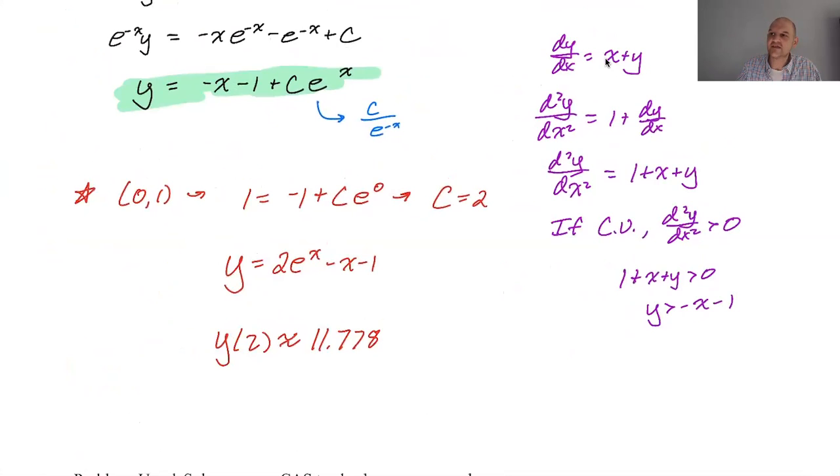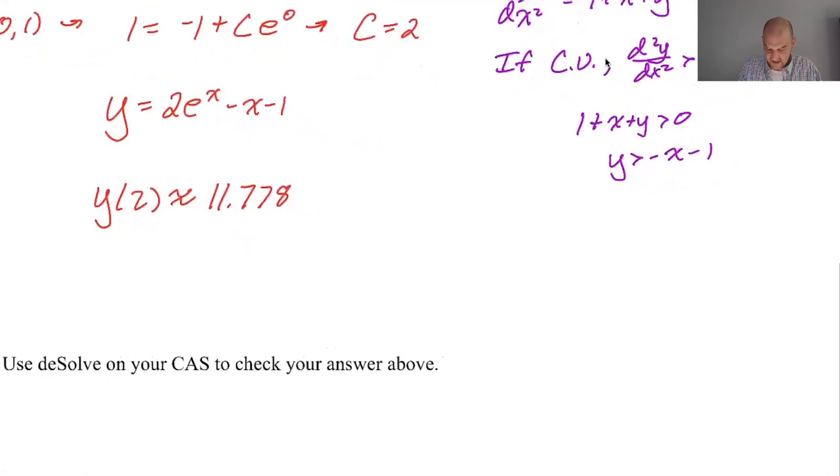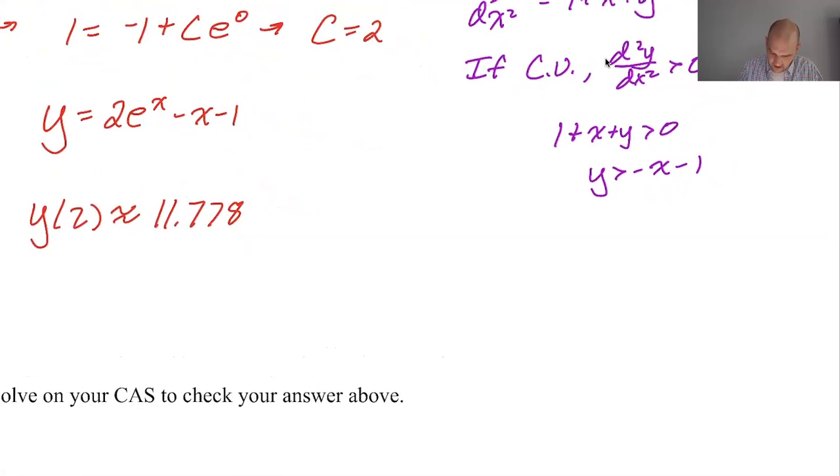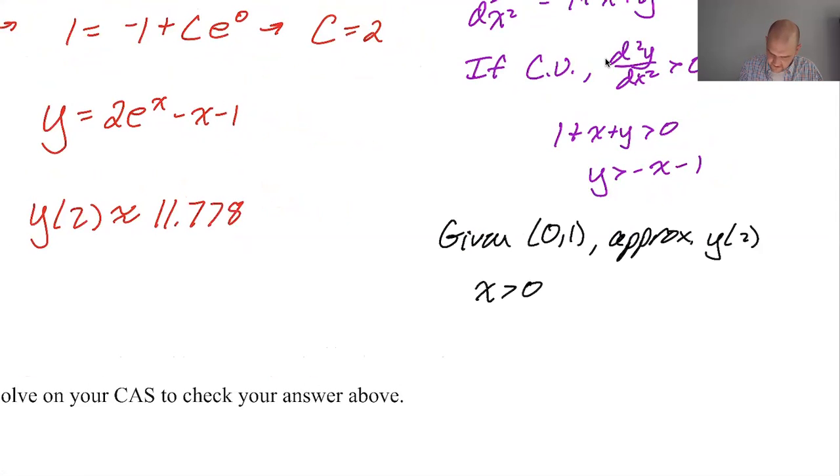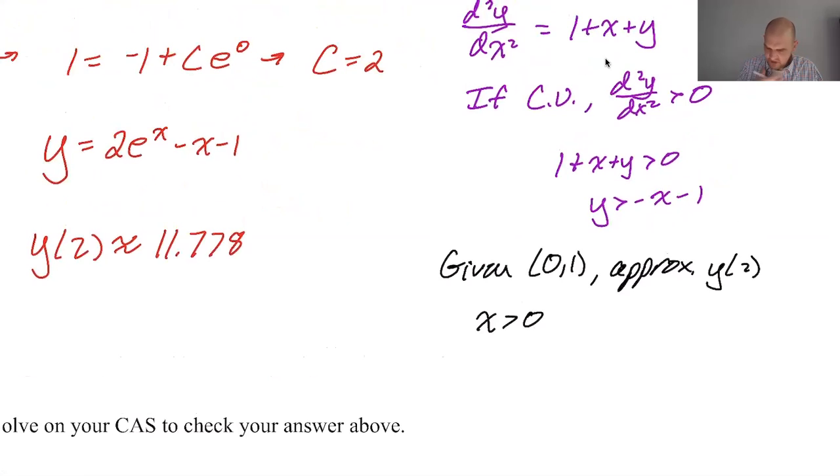So dy/dx is x plus y. I think we do know that. Here's why I think we do know that. This is actually a complicated thing. We're given (0, 1), and we are approximating y of 2, right? So we know that x is definitely greater than 0.